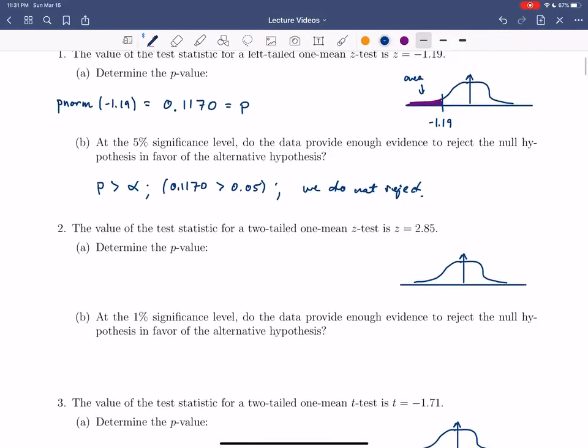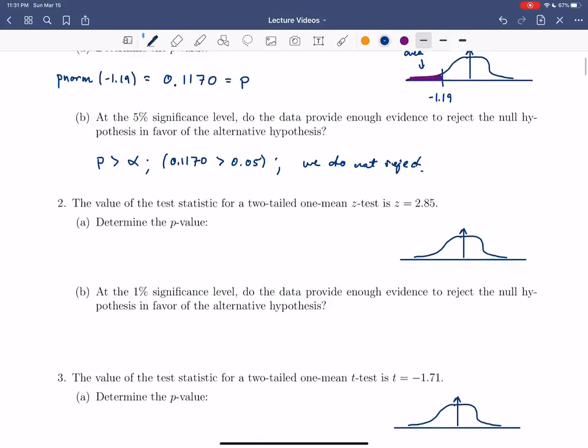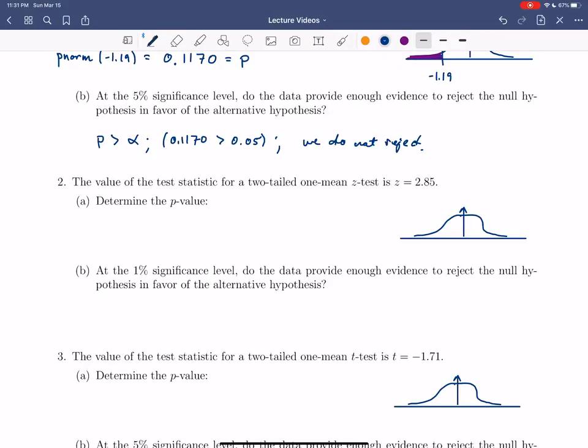And that's it. So next, number 2, we're going to look at a two-tailed z-test where z is 2.85. 2.85 is a positive value, so that's over here. We're going to look at the probability that a random sample is at least as extreme as our data. So we're going to look at that area.